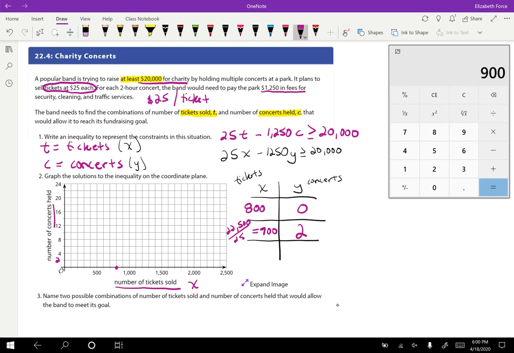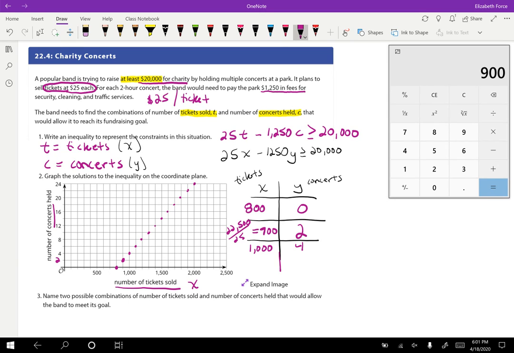So let's go to 900 tickets and 2 concerts. And because this is a line, you probably see the pattern here. We're going to go up by 2 on the y, and we're going to go up by 100 on the x. So there's 1,000 and 4, and we'll just continue it on.